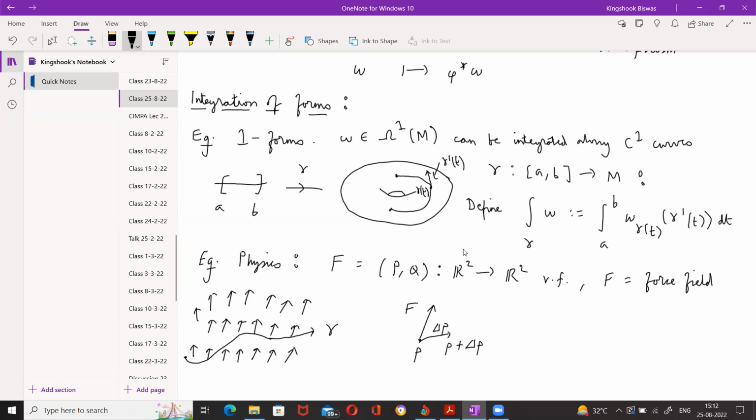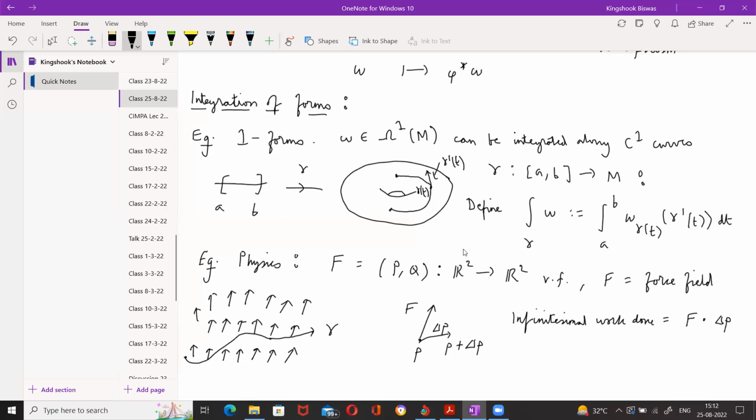So the infinitesimal work done is, so what is work done? It's force into displacement, right? Just a dot product, the component of the force in the direction of the displacement, right? So this will be F dot delta P, right?